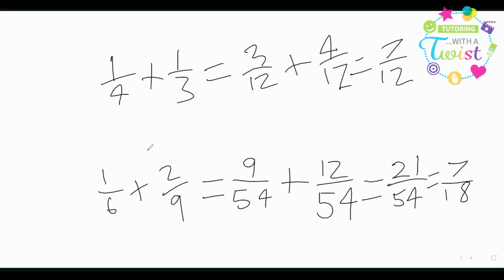Now, some people will tell you, and they're right to say so, it's a reasonable thing to say, that you need to find the lowest common denominator, right? So for instance, in this one here, 1 over 6 plus 2 over 9, rather than taking them both to 54ths, I could have multiplied this one by 3 to get 18ths, and this one by 2 to get 18ths, right?